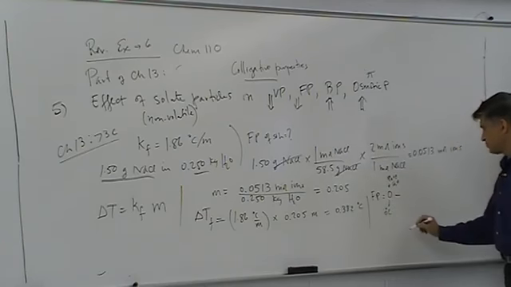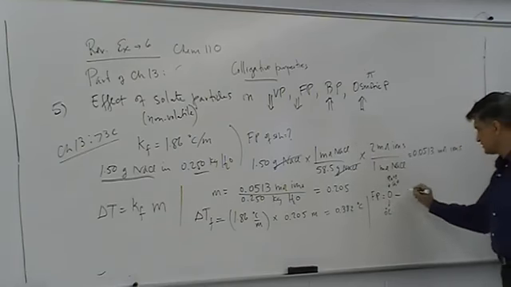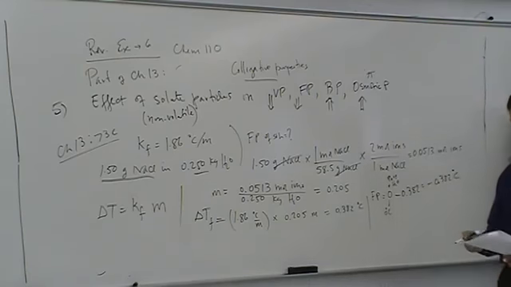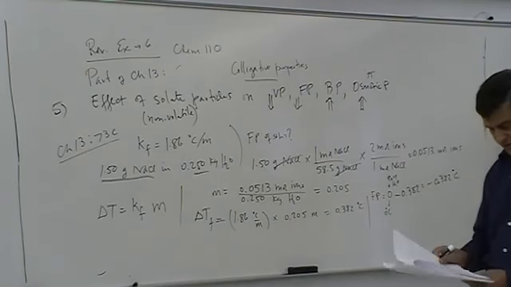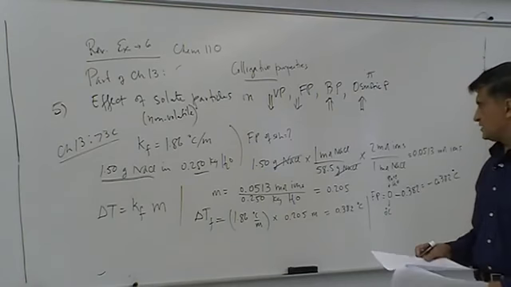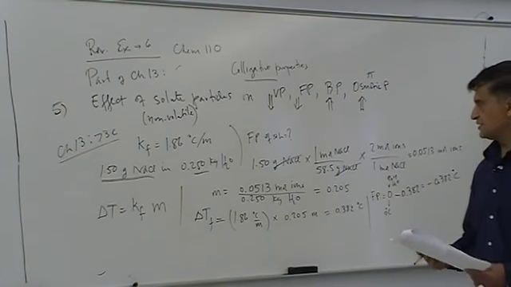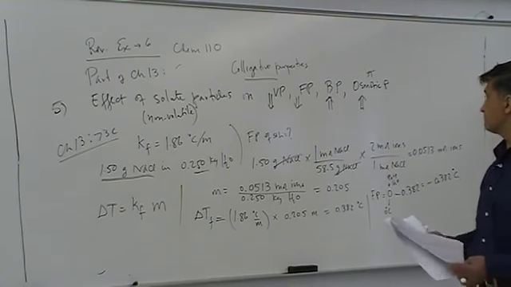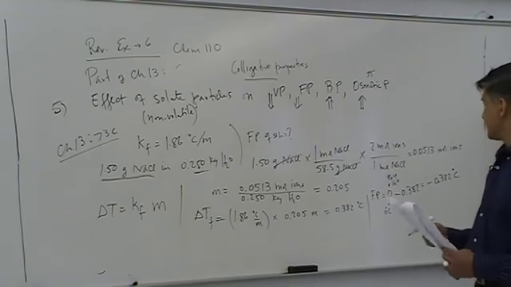That's the freezing point of pure water. Now you subtract this because it has gone down by that quantity, minus 0.382 degrees centigrade. It's the freezing point of the solution. Similarly, you can do boiling point calculation, where boiling point would be going up, and you have to add that number.